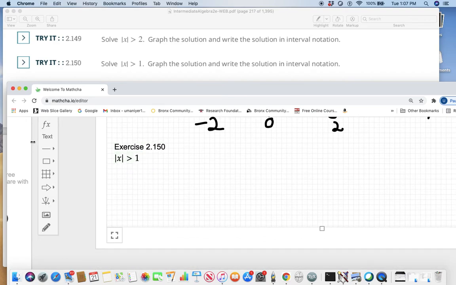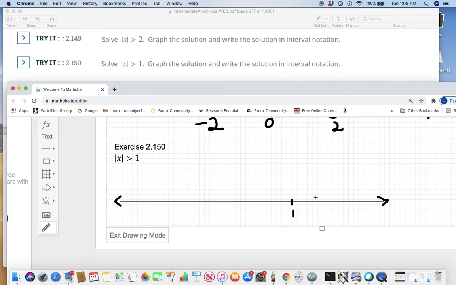So start with the line if needed. Anyway, you have to graph it. But geometrically, it's easier to understand what's going on. Greater than 1. So somewhere here is 1. Greater than 1, you don't want 1.